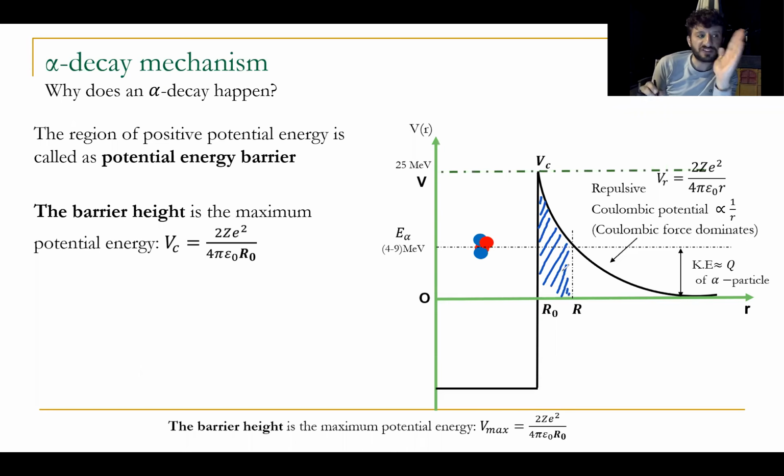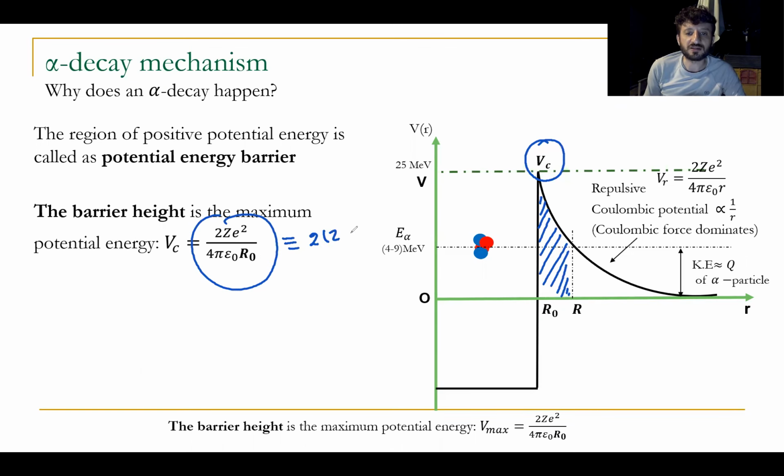So between this point, the attractive potential energy, and the external medium, we have the potential energy barrier, where V maximum equals Vc equals 2Z E squared divided by 4 pi epsilon 0 R0. This one is the same as 2 times Z minus 2 E squared divided by 4 pi epsilon 0 R0, approximately.